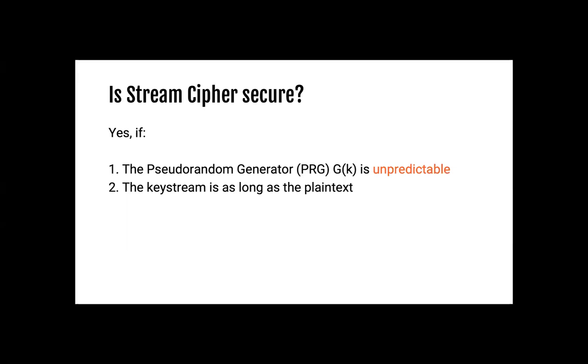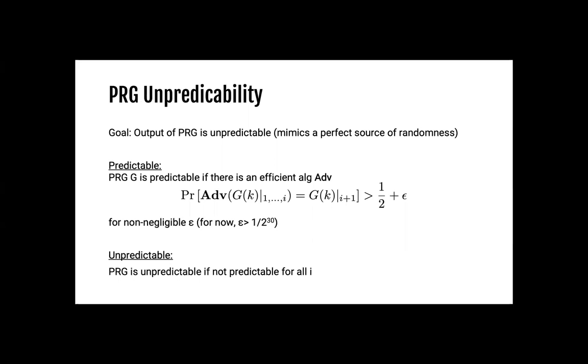And then I said something about this unpredictability property. So I'm going to give you a more formal explanation for unpredictability, okay? So predictable means that if there is a PRG, a pseudo-random generator. Actually, let me just re-say that because this logic order is wrong.